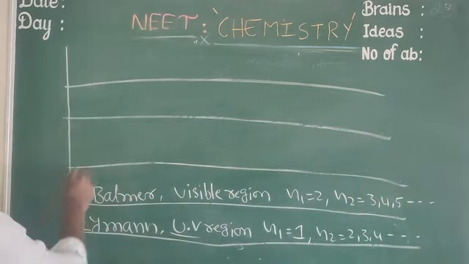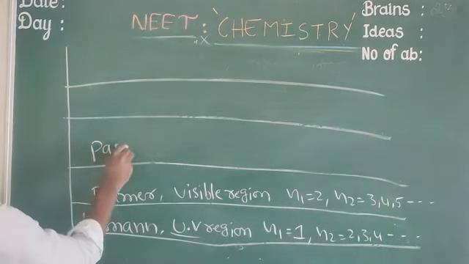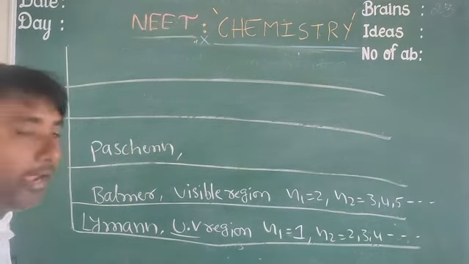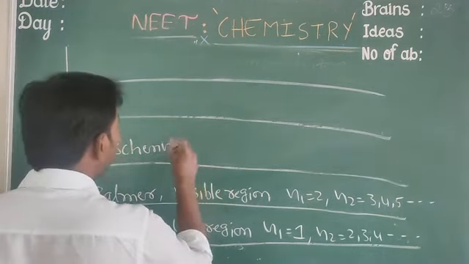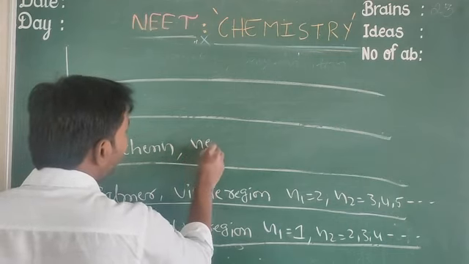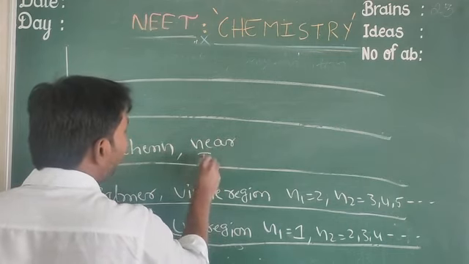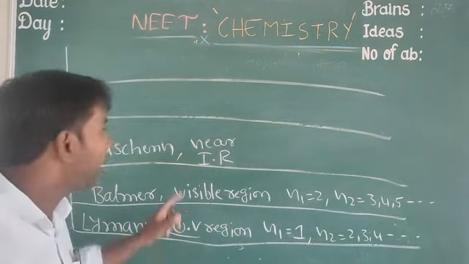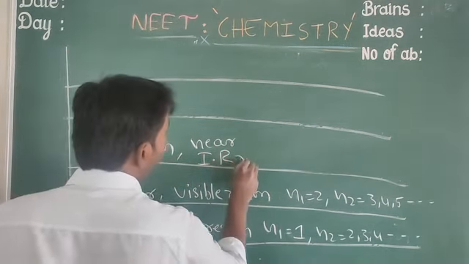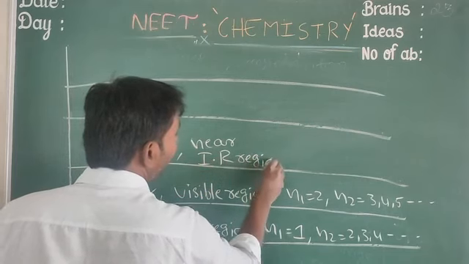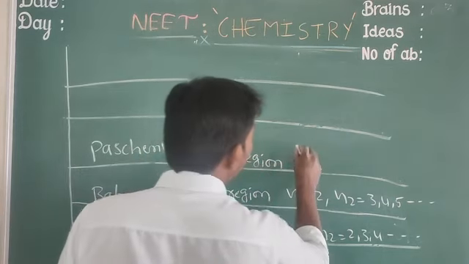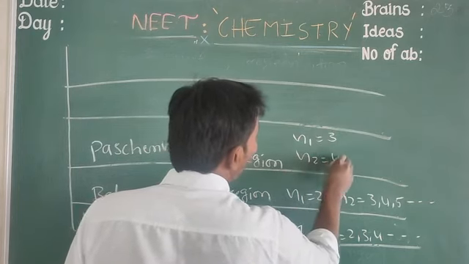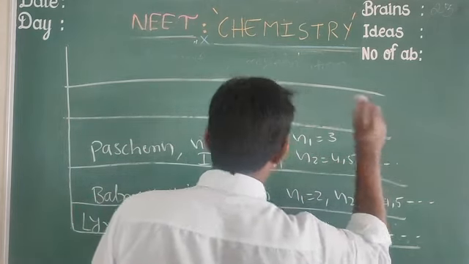Next, third one, Paschen, it is visible in the near IR region. IR means infrared. Near IR region. n1 equal to 3, n2 equal to 4, 5, 6, and so on.